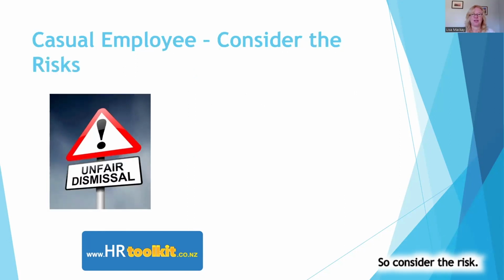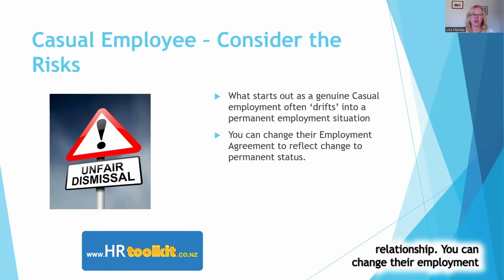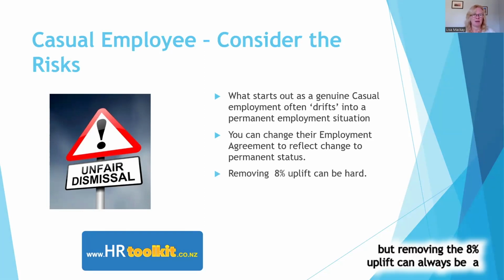So, consider the risk. What starts out as a genuine casual often drifts into a more permanent employment relationship. You can change their employment agreement to change them to a permanent status. But removing the 8% uplift can always be a little bit hard because effectively they're getting a pay cut, even though they are now accruing annual leave at the same rate.